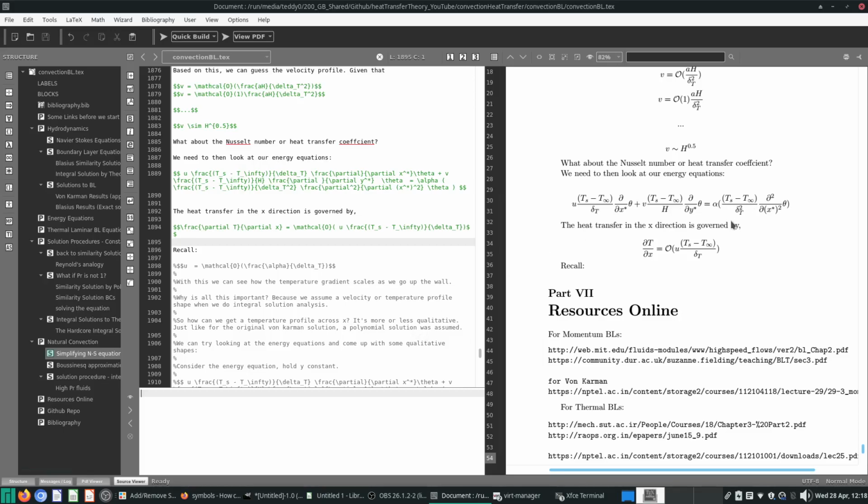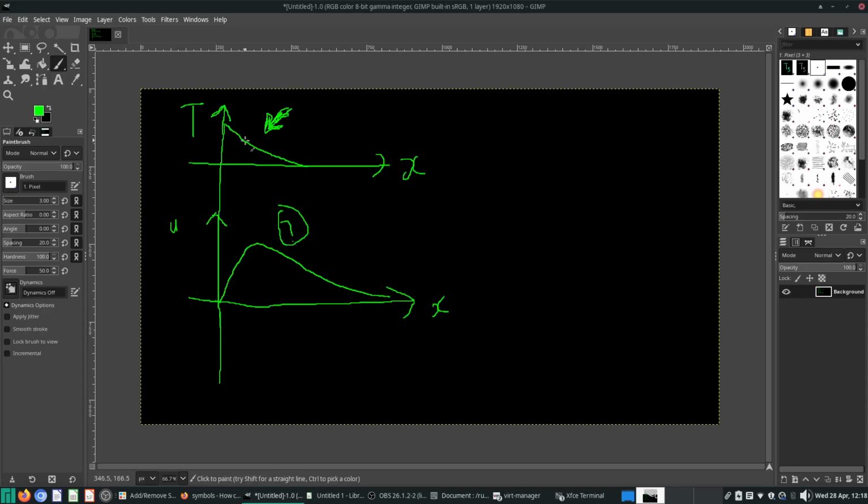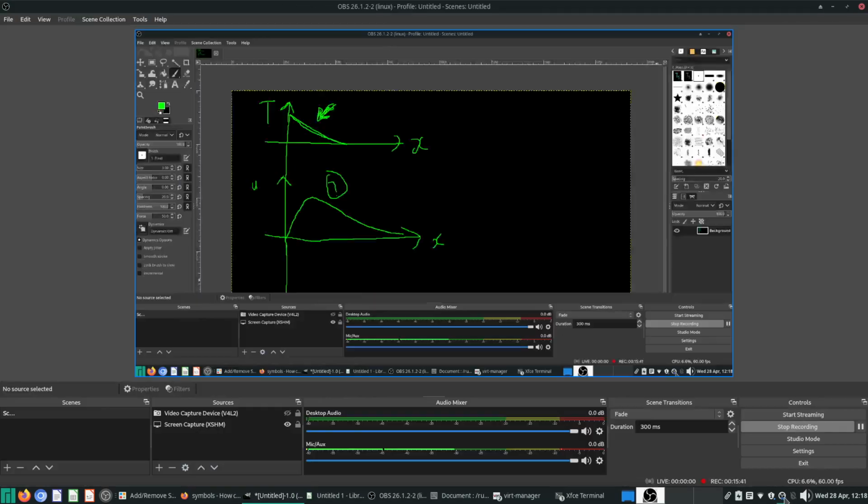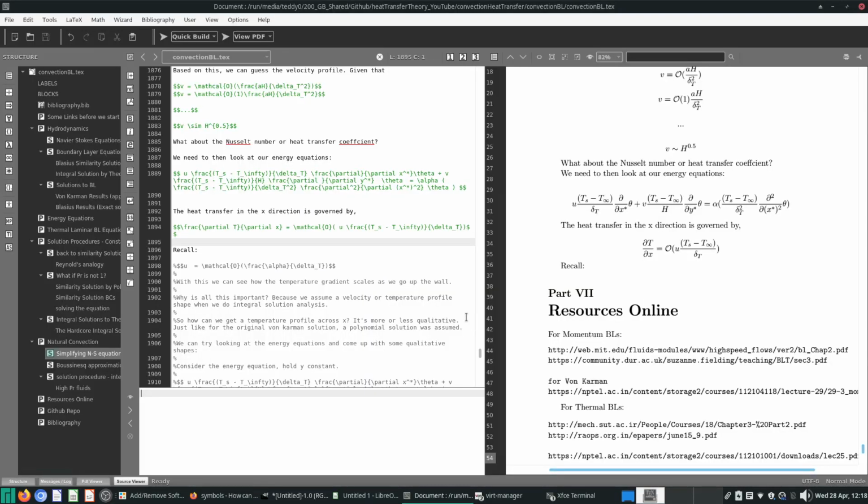To have a rough guess of the temperature profile, we are having a rough guess of this temperature profile and velocity profile so that later on, after we integrate, we can substitute back in at least decent guesses of these temperature and velocity profiles.